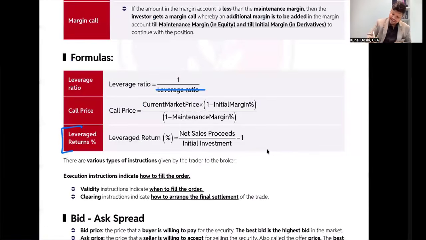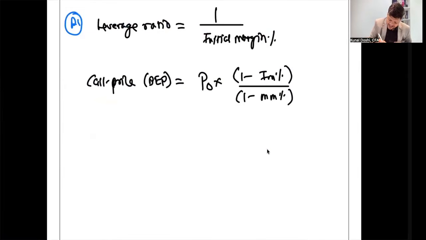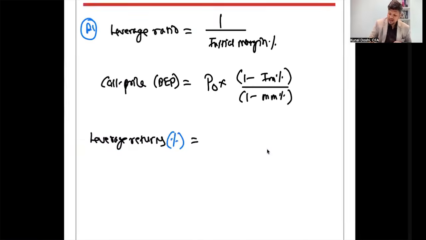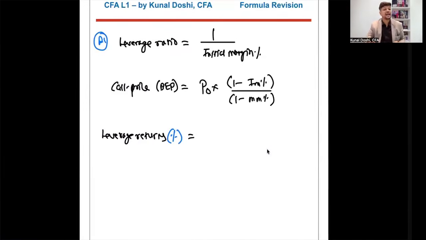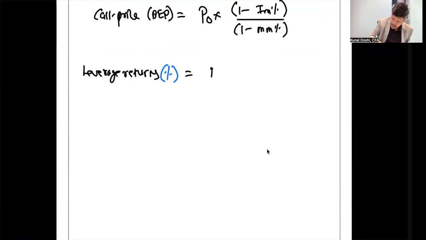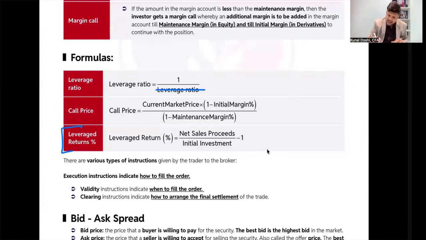Next is leverage returns. This is similar to what we did in quants, but now here we will write it in the manner that is needed in equities. So here I write two things: NSP, net sale proceeds. NSP is nothing but net sale proceeds. It's like your ending value of investment divided by the beginning value of my investment, and that is called my initial investment.